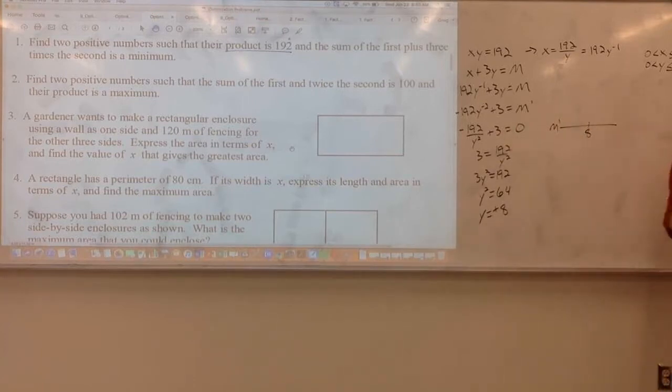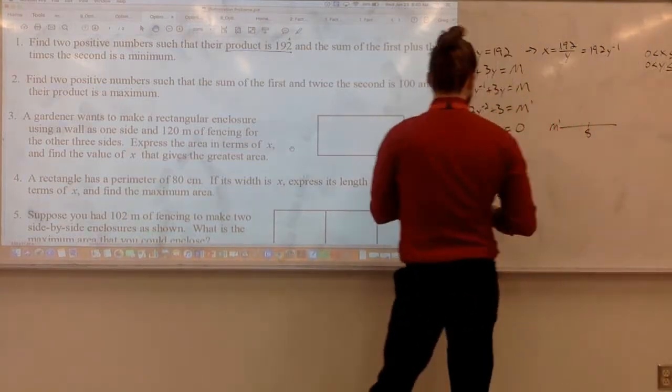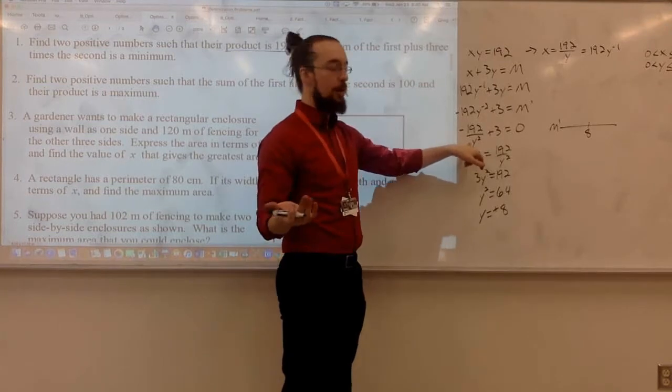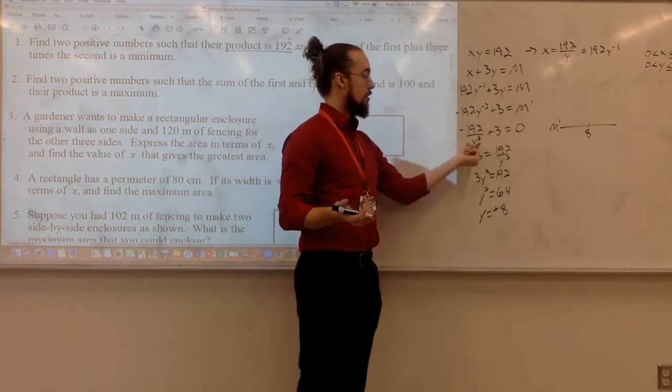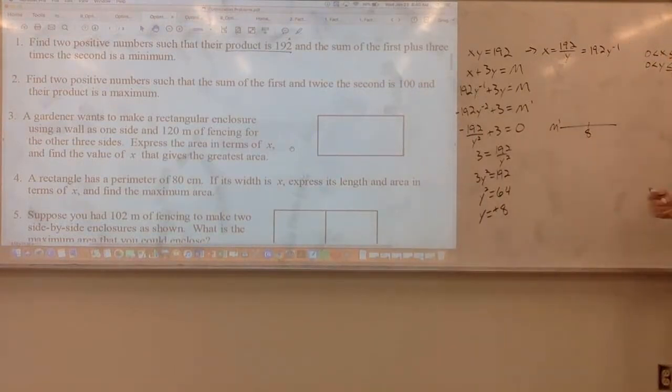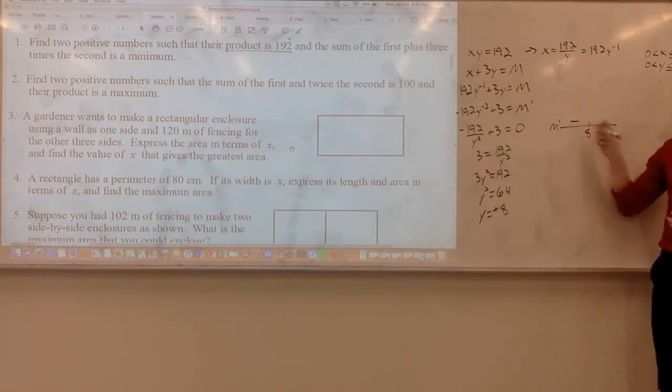So I want to take a value less than 8 and a value greater than 8 and plug it into the derivative. If I take 1 and plug it into my derivative, negative 192 over 1 squared plus 3, well, negative 192 divided by 1 is negative 192 plus 3. That's definitely going to be a negative number.